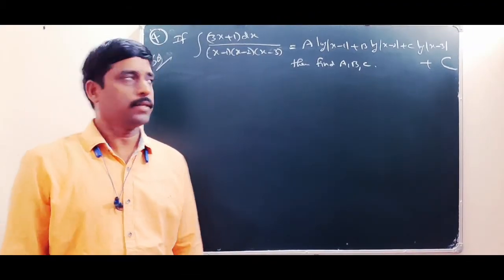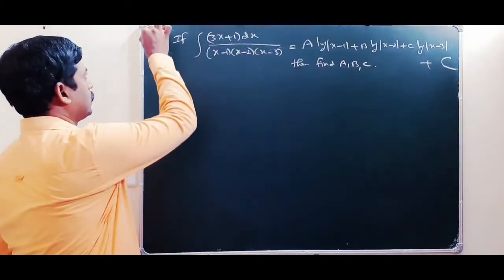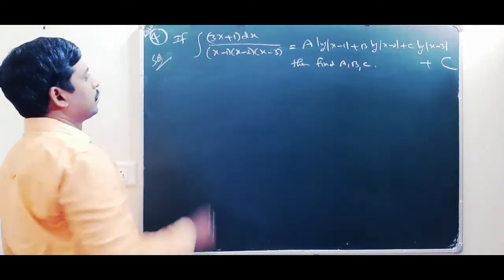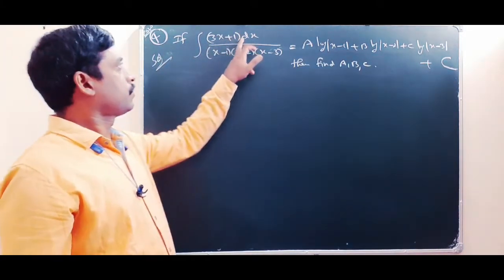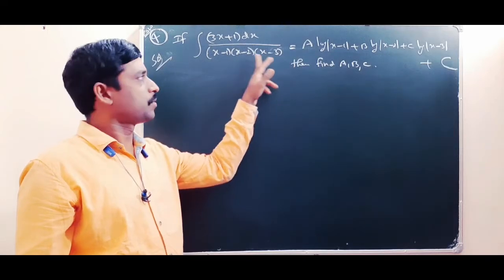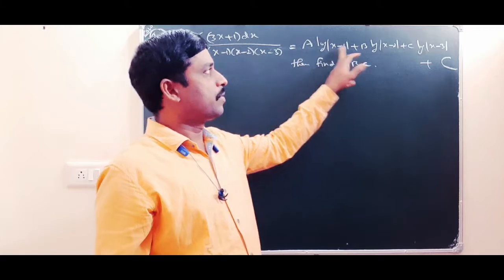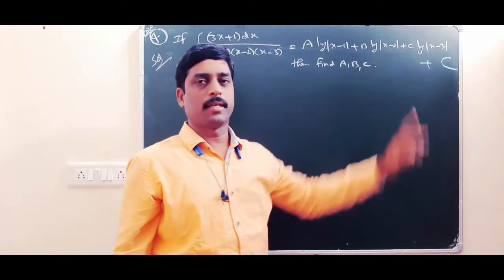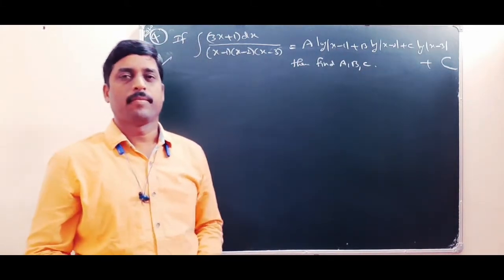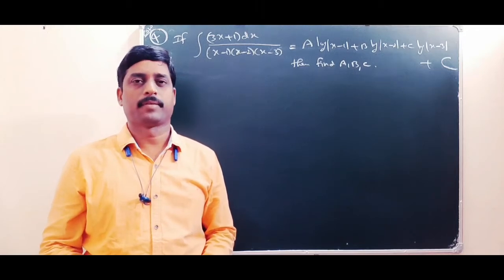Okay, look at the next question. This is from the 2020 question. If the integral of 3x plus 1 by x minus 1 into x minus 2 into x minus 3 is given as a log x minus 1, plus b into log x minus 2, plus c into log x minus 3, we have to find a, b, c values.